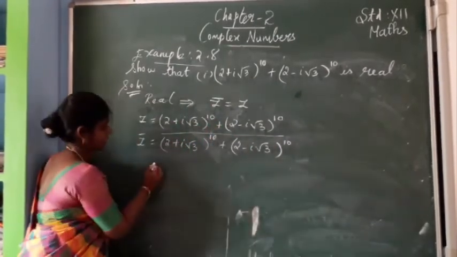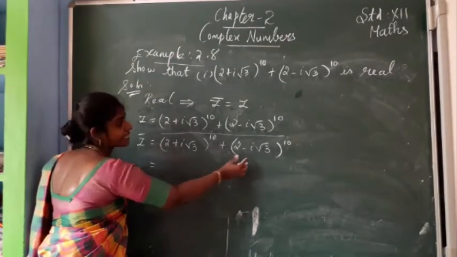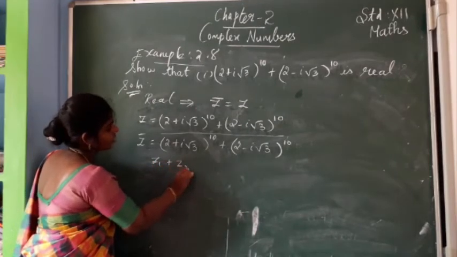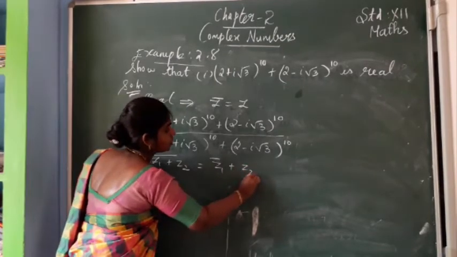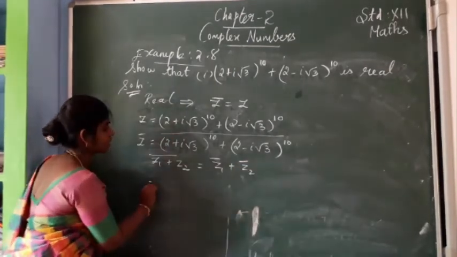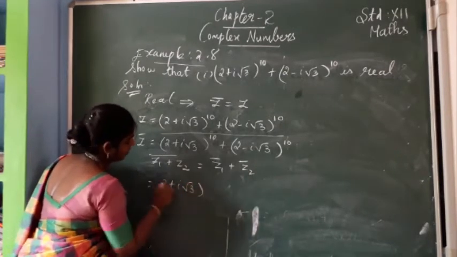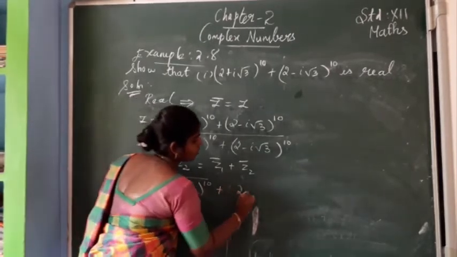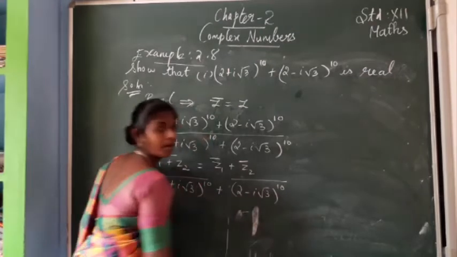That's equal to, have to use the property: (z1 plus z2) the whole bar is equal to z1 bar plus z2 bar. That's equal to ((2 plus i root 3) the whole power 10) the whole bar plus ((2 minus i root 3) the whole power 10) the whole bar.